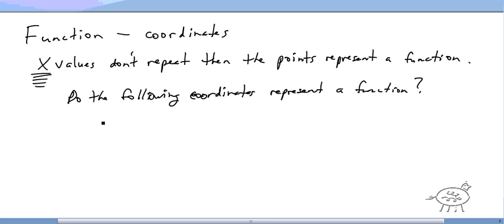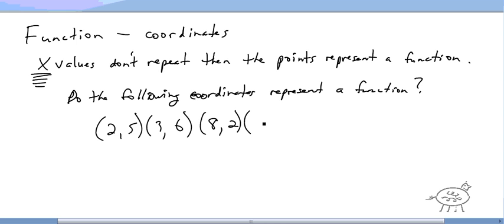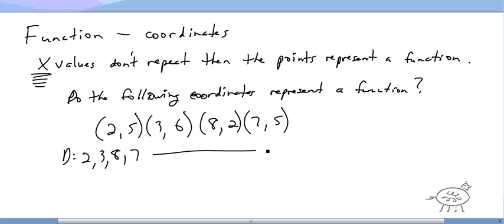Okay, and it's going to say, 2, 5, 3, 6, 8, 2, and 7, 5. Well, you're going to look and you're going to say, well, let's see. First of all, let's just write this out. The domain is 2, 3, 8, and 7. Okay, so right away, remember domain are x values, and so yes, the answer is yes. It's a function.